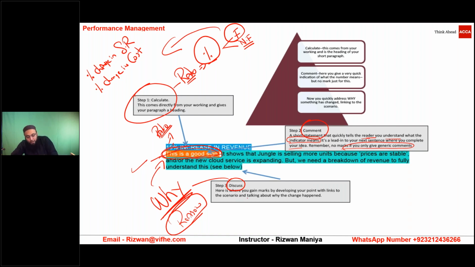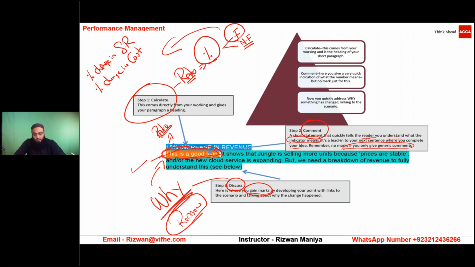And this is where you gain marks. You need marks, you need to score well. Reasoning is extremely important. I repeat, reasoning is extremely important.